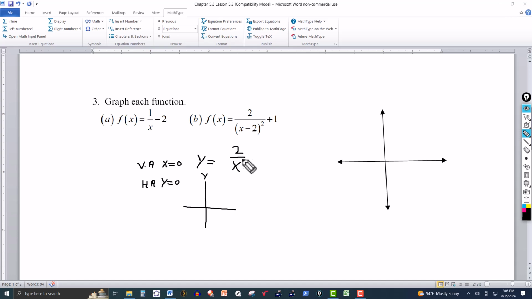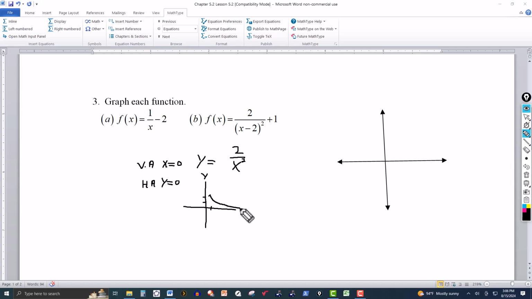And then I'm going to put the square here. So notice, as x gets to 0, notice x cannot be 0, so that's out of the picture here. But if I pick values for x equal to 1, 1 squared is 1, and then divided into 2 gives me 2. So this goes up like this. But as the x gets larger, the y values get small, so this is coming down this way.